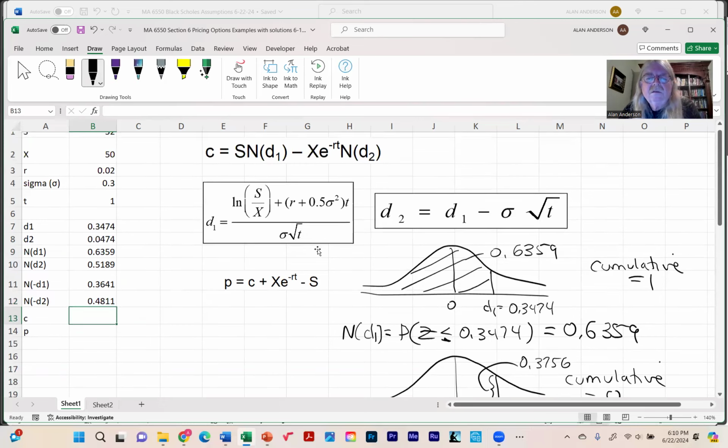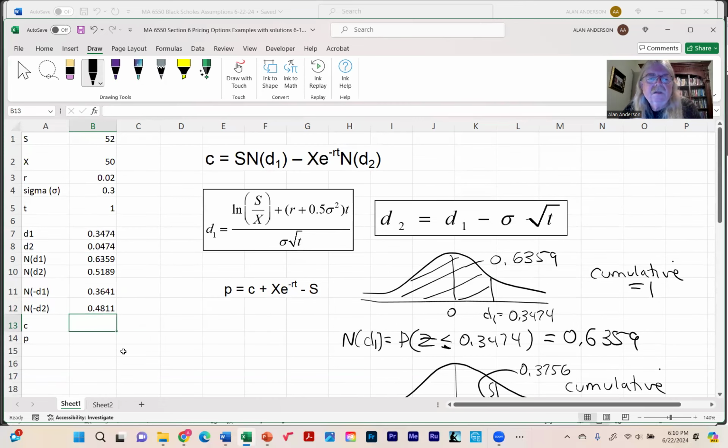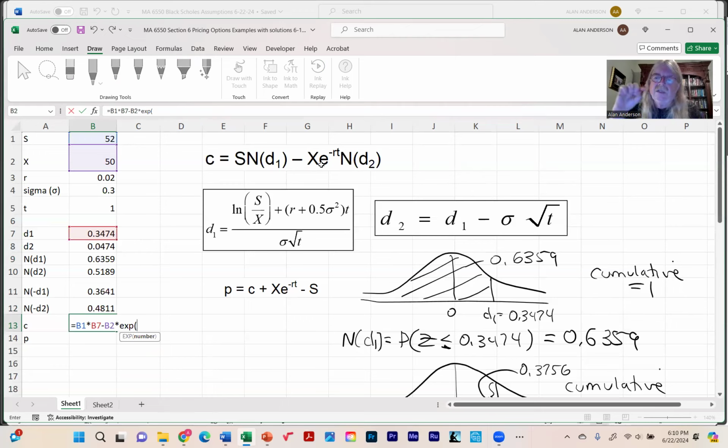Now the call is coming from here. So we've got almost everything we need. We've got S times ND1. Now here we need X. Okay, what about e to the minus RT? How do we implement that in Excel? Well, e to the X in Excel is spelled EXP. And then you put in parentheses the exponent, which in this case is minus R times T. And then you still need N of D2.